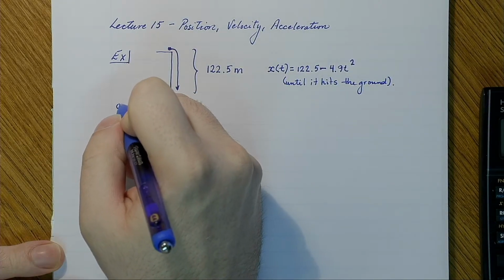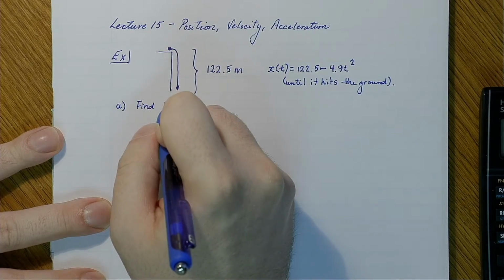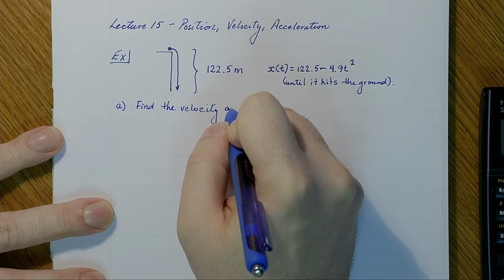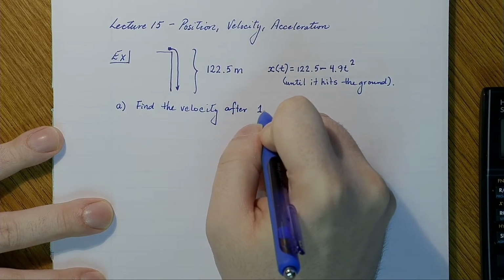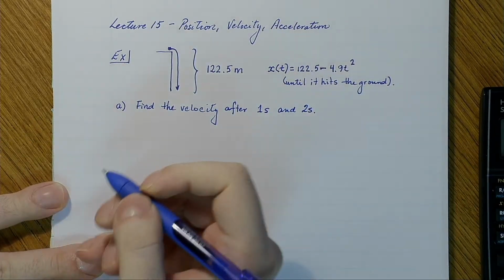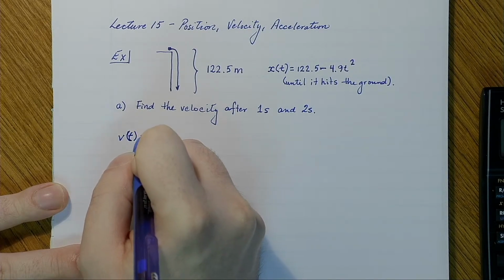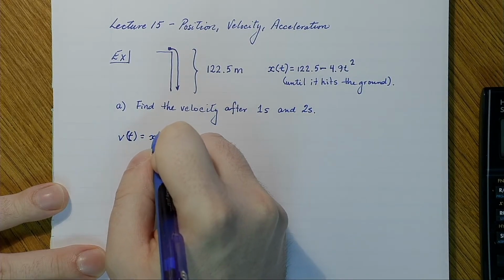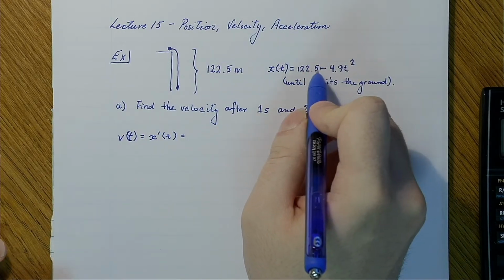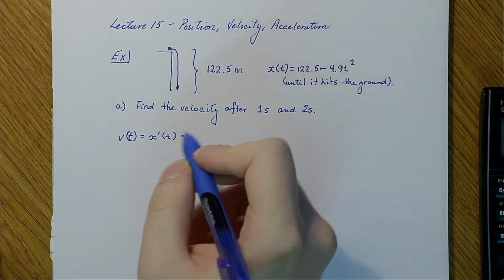There are standard questions that could be asked, which is, find the velocity after 1 second and 2 seconds. So to find the velocity, it's the derivative of the position function. That is a constant, so the derivative of a constant is 0.